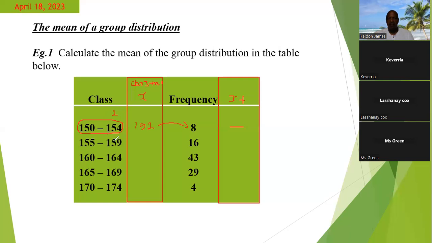Now, all you have to do to get all the class midpoints is take the lower limits from the left column and simply add that 2 to each of them.